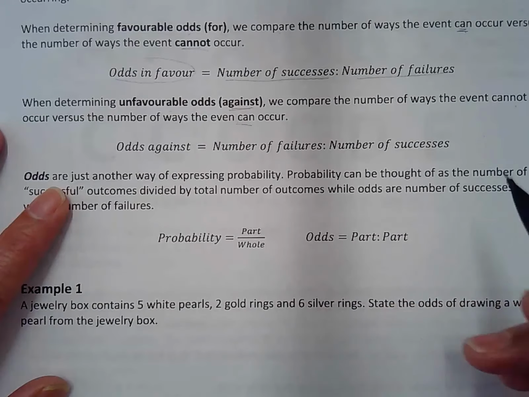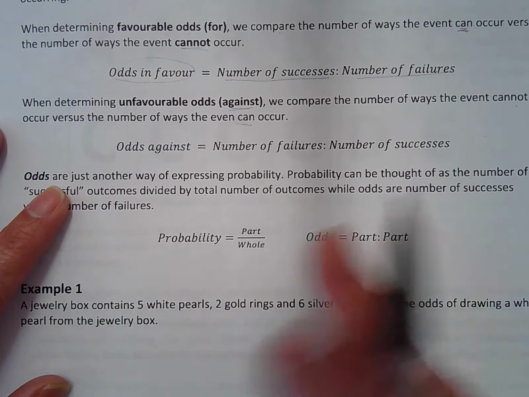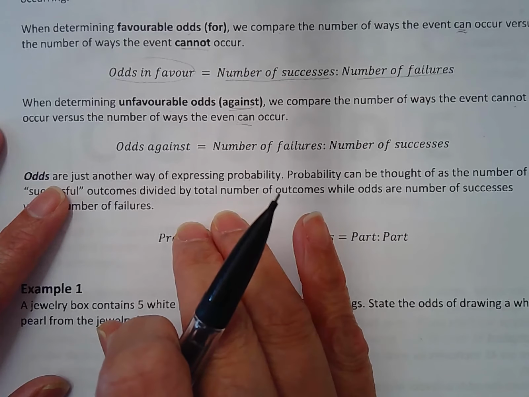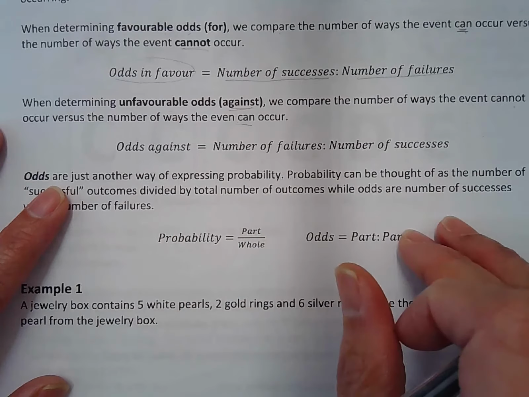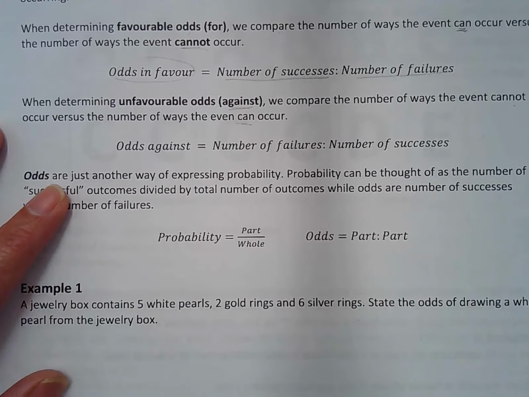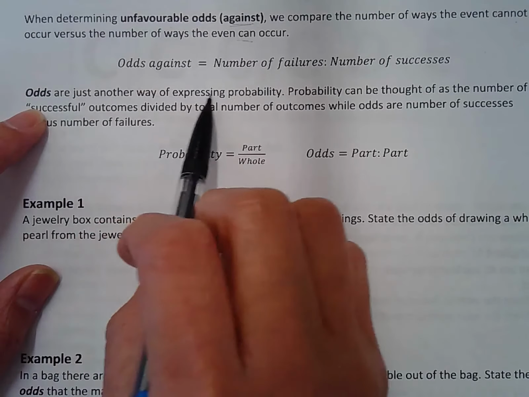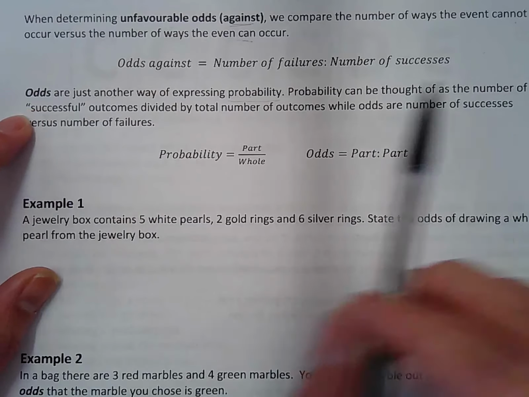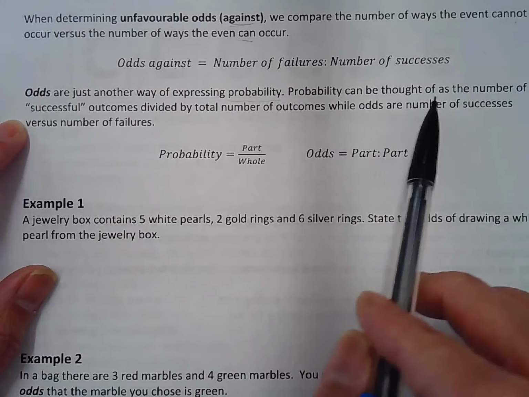I look at the odds as a comparison. You're comparing how many ways it can be successful and how many fail. So odds are just another way of expressing a probability. Probability can be thought of as the number of successful outcomes divided by the total number of outcomes.